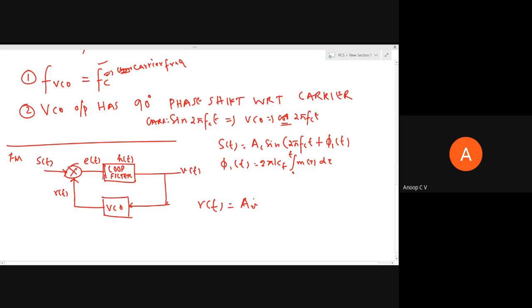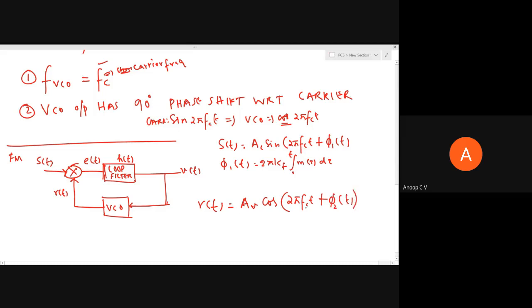Why is it cos? Because if the carrier is represented as sine, it should be represented as cos, since there is a 90-degree phase shift. Then cos of 2 pi FCT plus phi 2 of t.